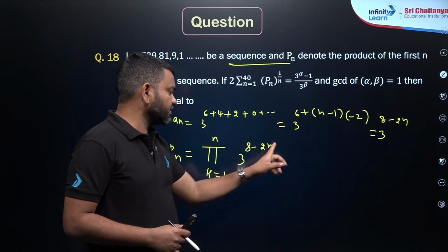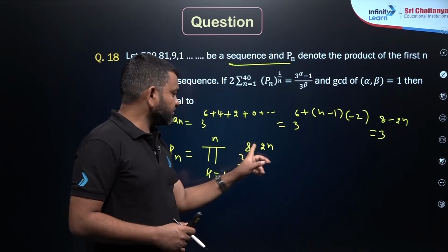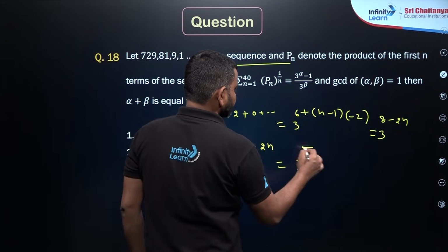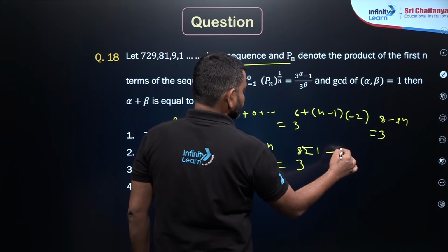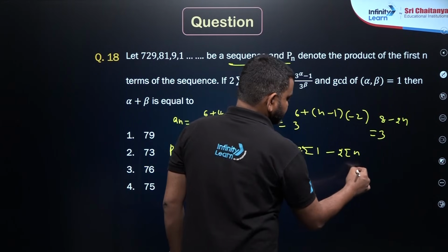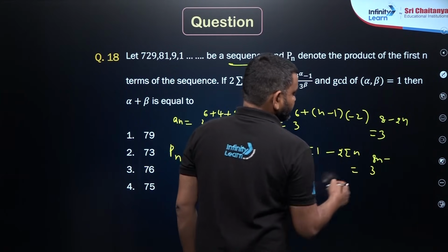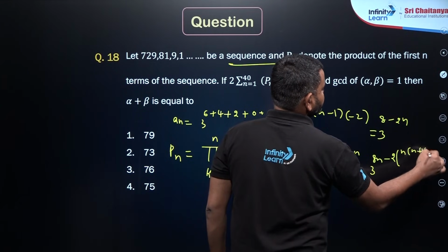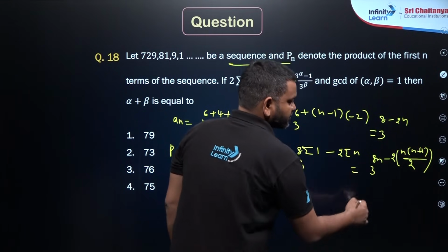In the numerator, this is going to become an AP again. So this is going to be 3 power 8 times summation 1 minus 2 times summation n is what I will get. So this means this is going to be 3 power 8n minus 2 times, so 2 into n into n plus 1 divided by 2, is what I am supposed to get.